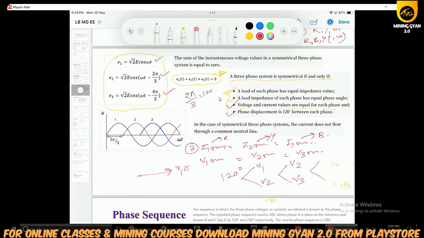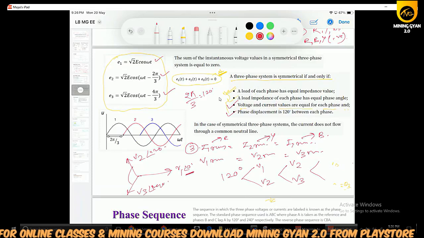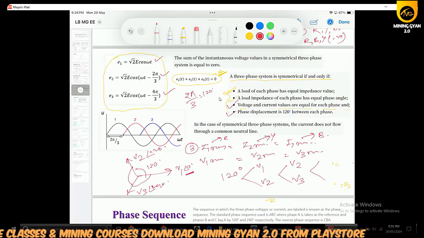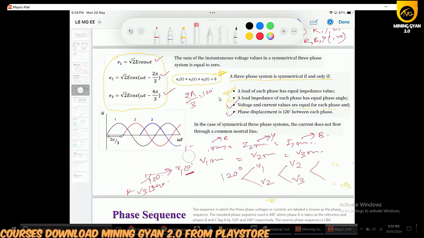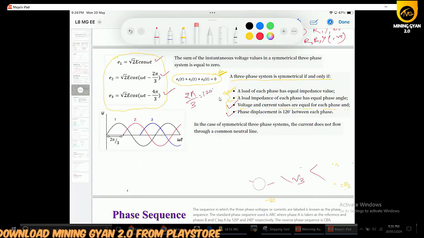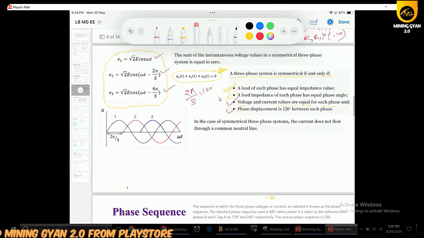If V1 is at 0 degrees, then V2 will be at 120 degrees, and V3 will be at 240 degrees with respect to V1. This 120-degree phase displacement will be there between any two voltages. So these are the conditions for a balanced or symmetrical system.